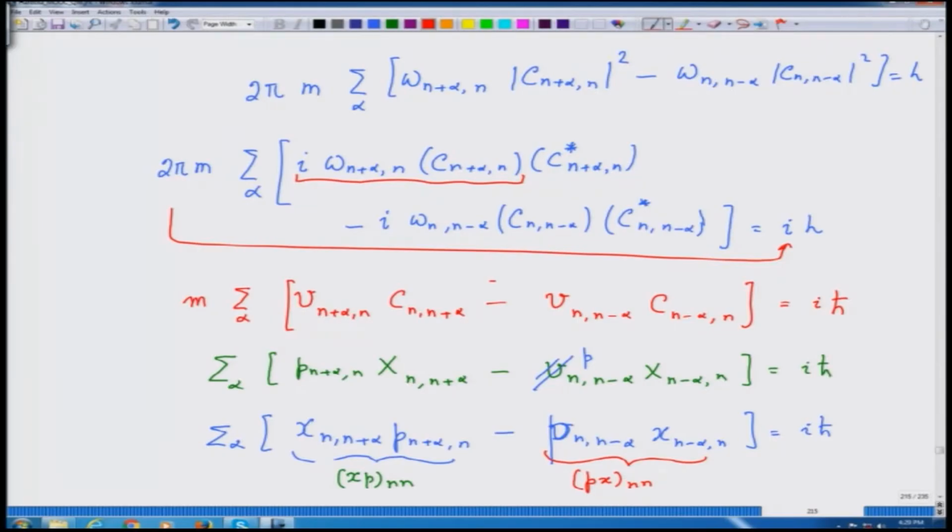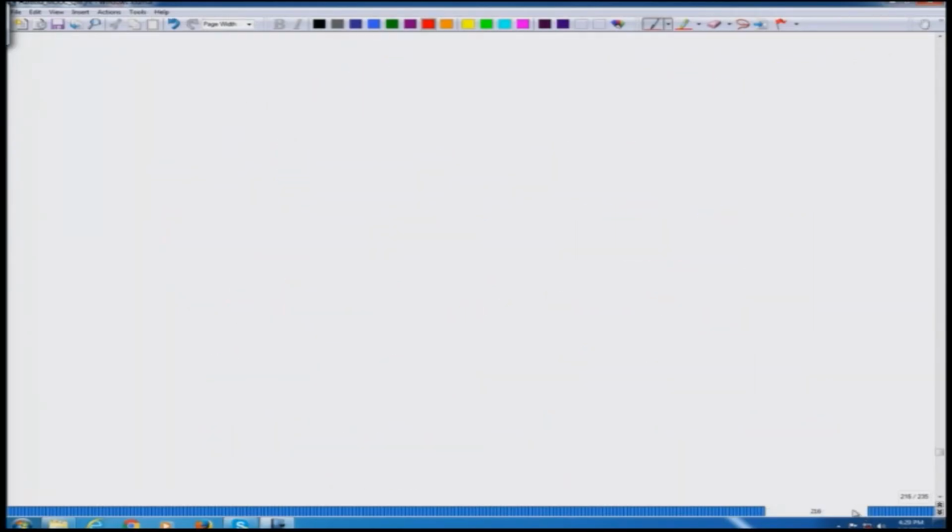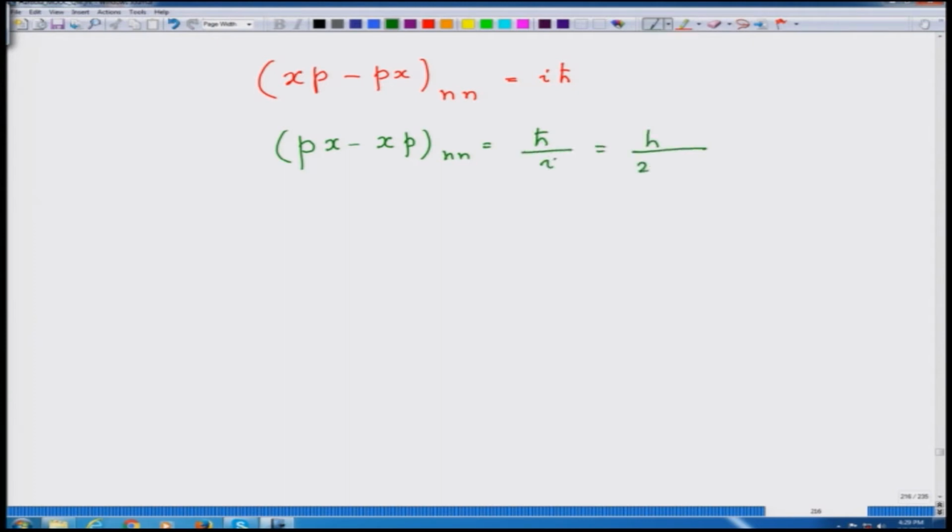Therefore, when I write this in terms of matrices, I get (xp − px)_{nn} equals iħ, or written the way Born wrote it, (px − xp)_{nn} equals ħ over i, or h over 2πi.